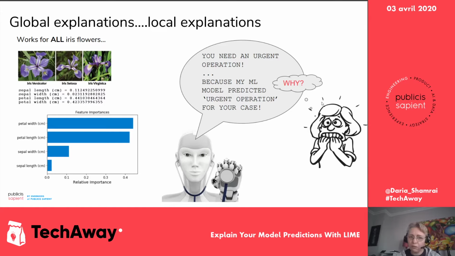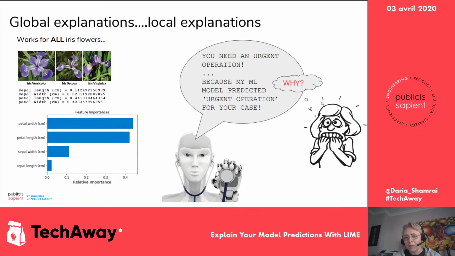If you take all your flowers in the train set and try to understand what impacts the class to which the flower belongs, we can observe that in most cases the most impact is petal width and petal length, then a little bit of the sepal width, and almost nothing to do with the sepal length. That explains how the world goes for this particular subset of samples of the iris flowers.